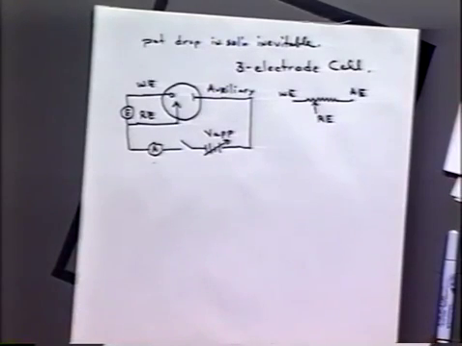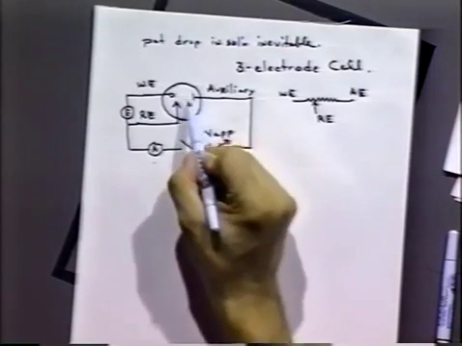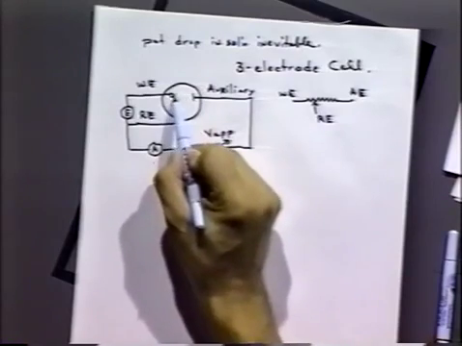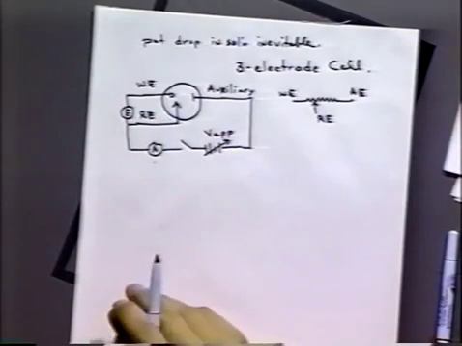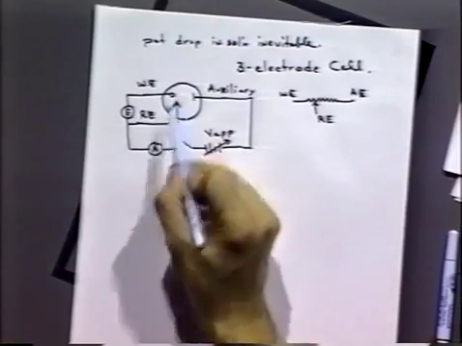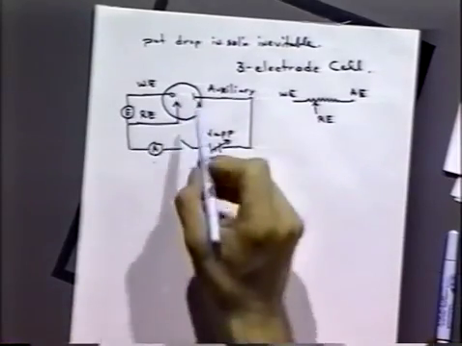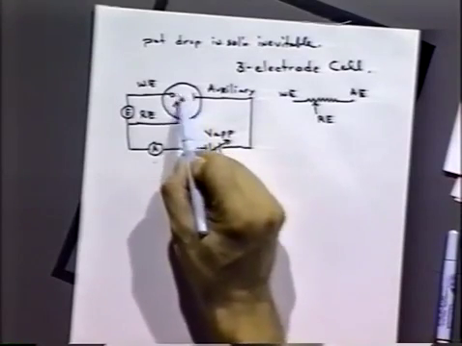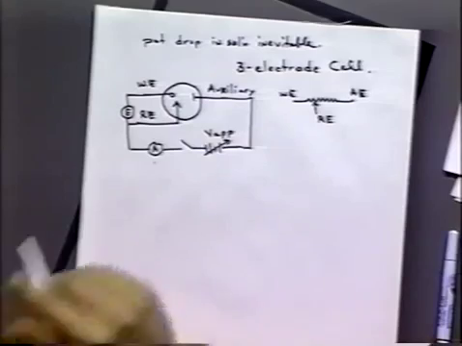Now, since we've assumed that IR drop is inevitable, what we can do is put whatever potential we require at the auxiliary electrode so that when we measure the potential near the working electrode, it is about what we need it to be. So if we want 1 volt at the working electrode, and we don't have the reference electrode in there, we see that we can apply, say, 2 volts at the auxiliary electrode.